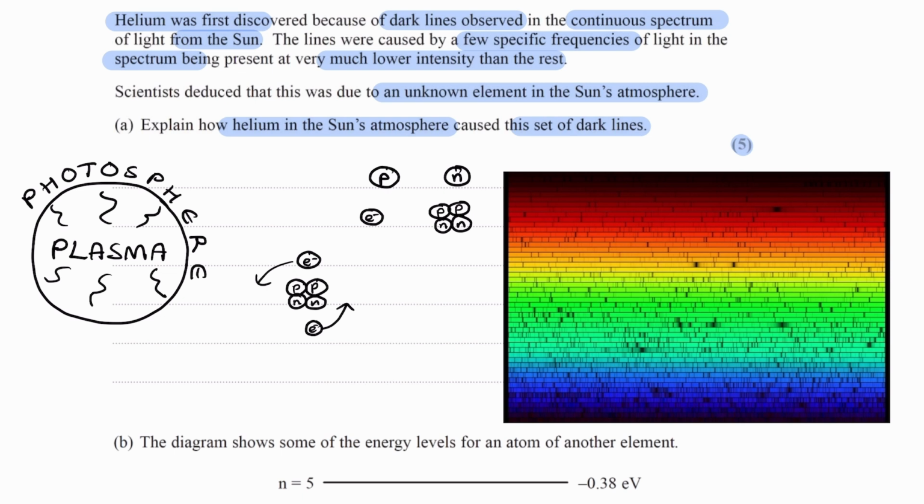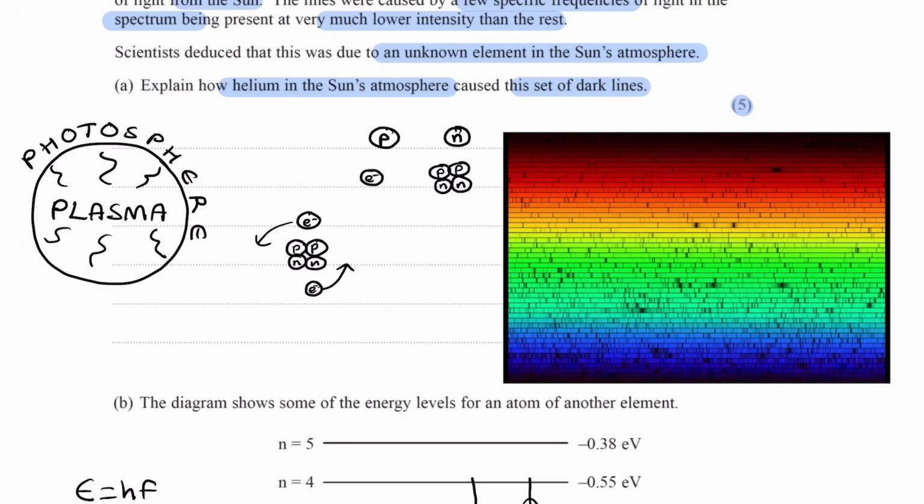So it could be the case that hydrogen is causing these particular frequencies to be absorbed, and then helium is causing another bunch of frequencies to be absorbed. And if we see all of those lines present in that absorption spectrum, then we know that the element that is responsible for those lines must exist within the photosphere of the star.